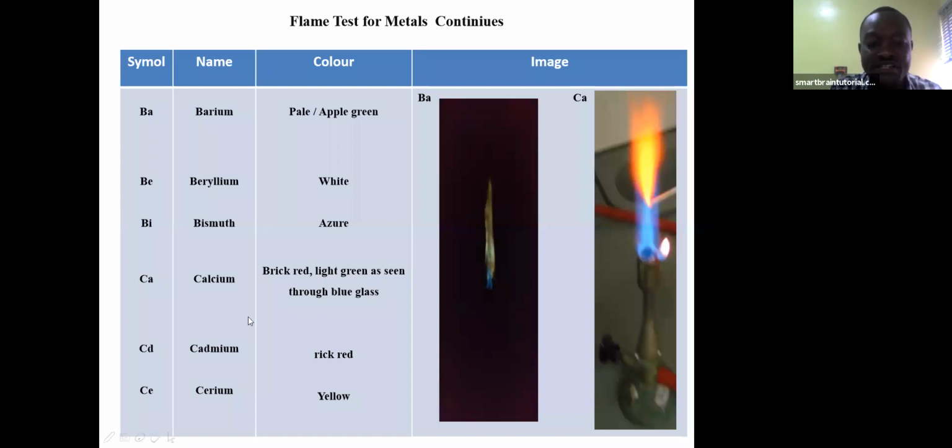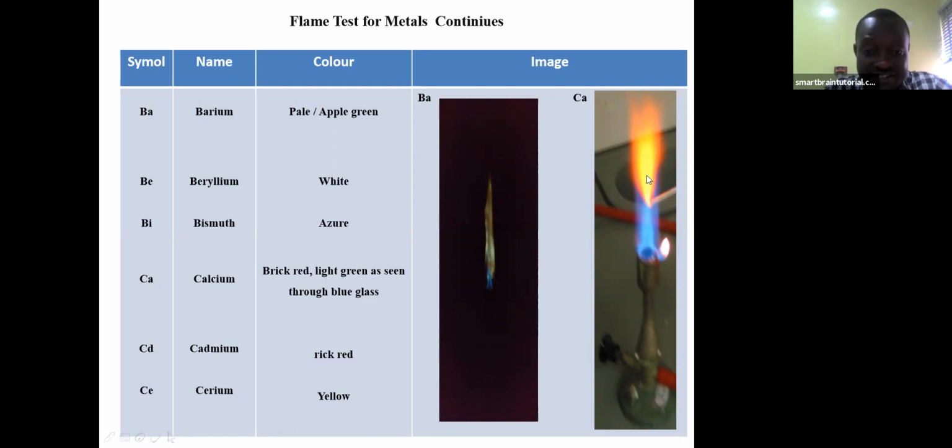You can see two examples here in the picture. The first one is for barium. This is a platinum wire through which the barium sample is exposed to flame. We are told that we'll have either pale or apple green. Here it is pale green because the greenish color is not very bright here. And then on this side is calcium. This is a platinum wire. The sample is exposed at the tip.